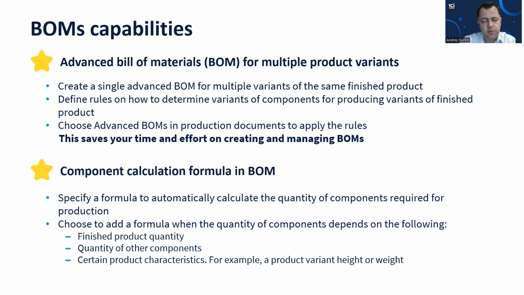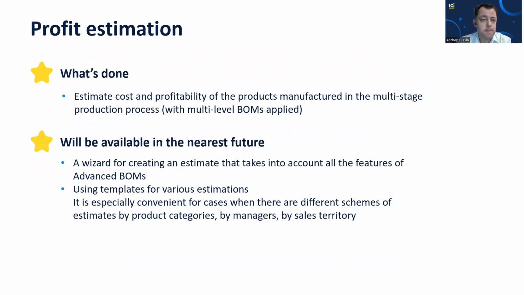Another feature that we have right now is a component calculation formula, and using it you can specify a formula to automatically calculate the quantity of components, and you can choose different options, such as specifying the quantity of components depending on the finished product quantity, the quantity of other components, or certain product characteristics.